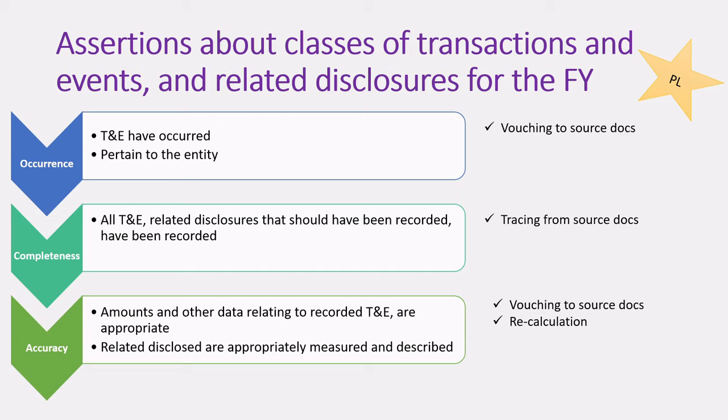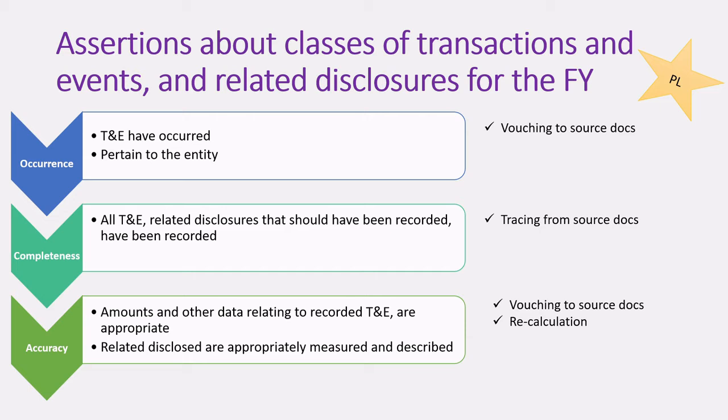The next assertion is accuracy. There they assert that amounts and other data relating to recorded transactions and events are appropriate, and related disclosures are appropriately measured and described. One of the main audit procedures that we do to verify accuracy is vouching to source documents.